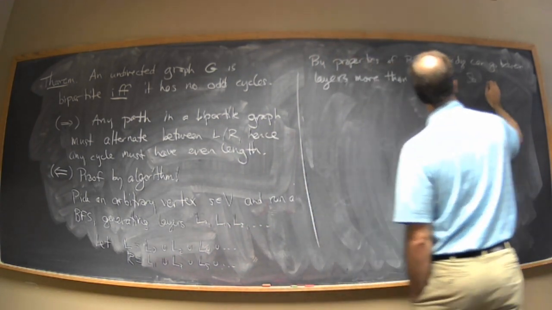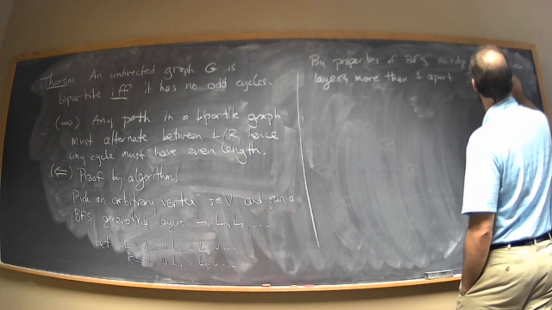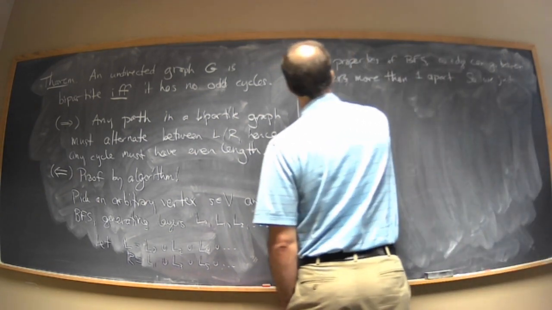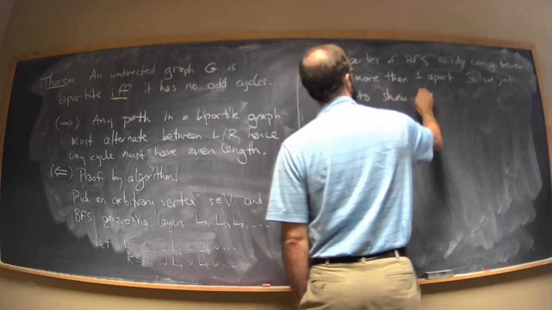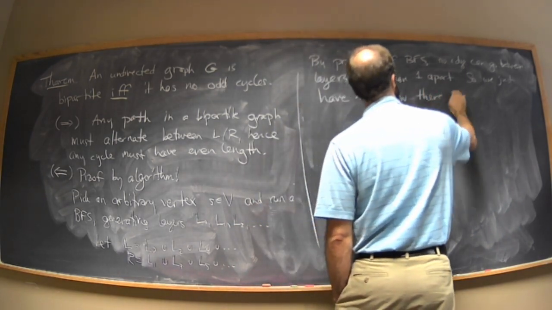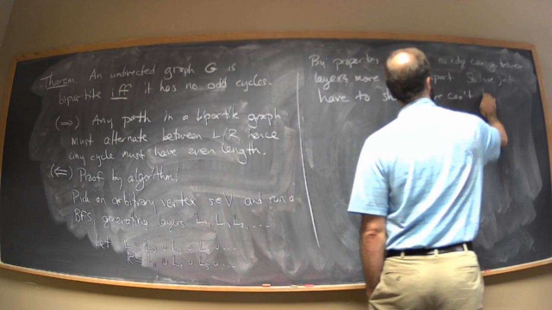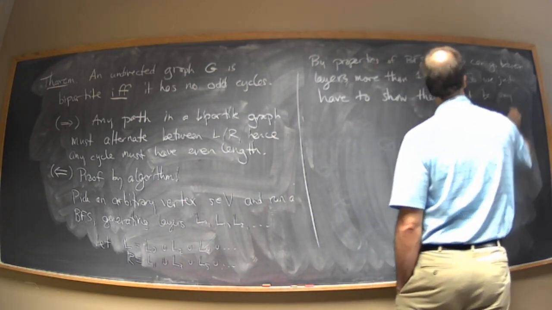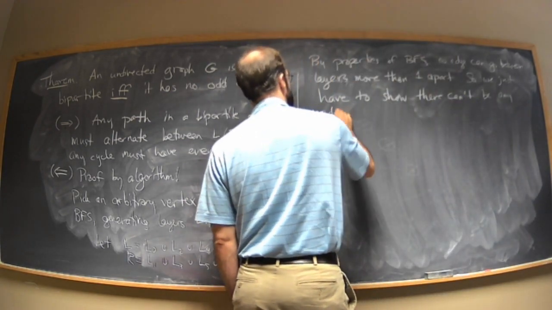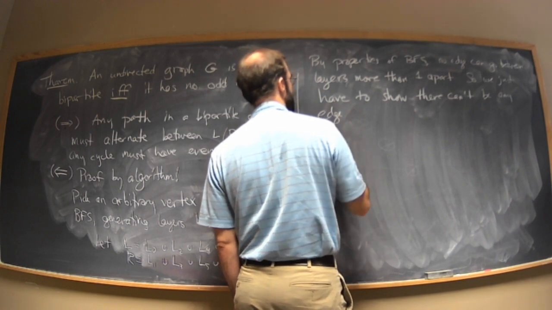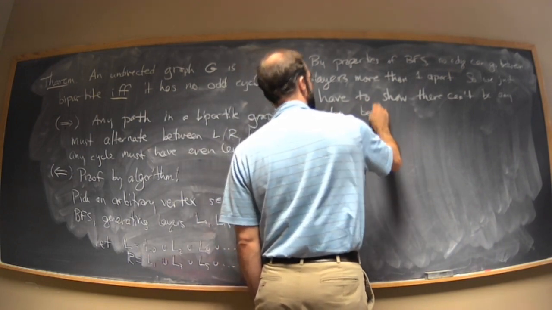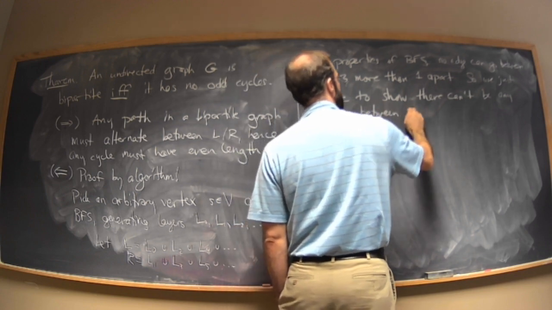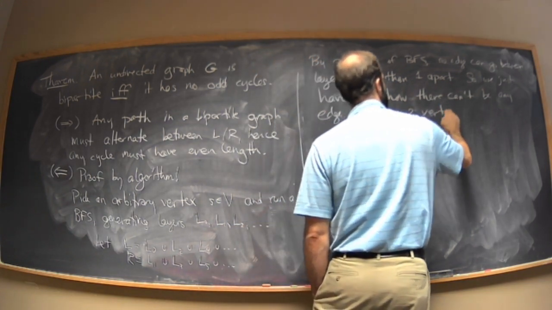All we have to show is that there can't be any edge between two vertices in the same layer.